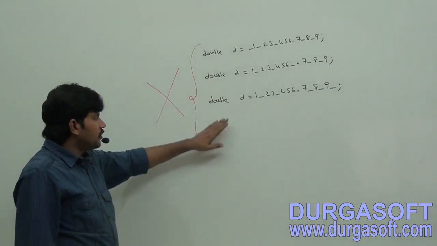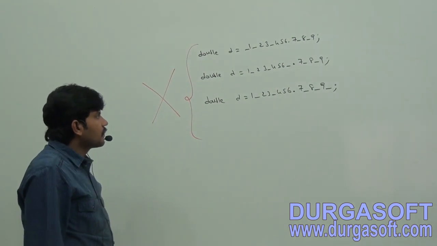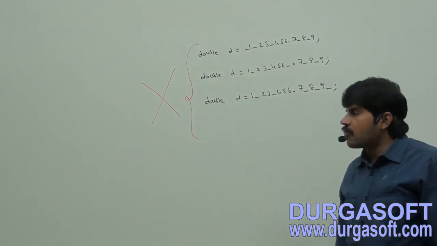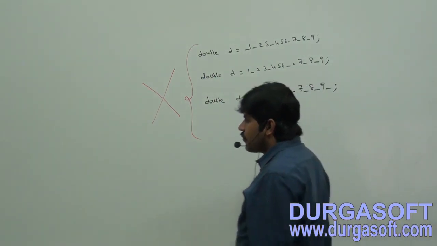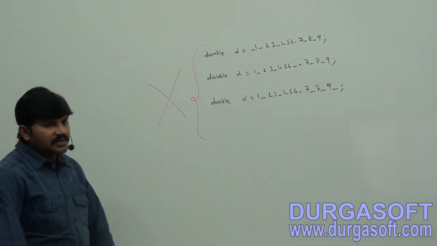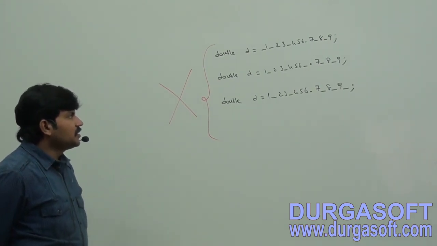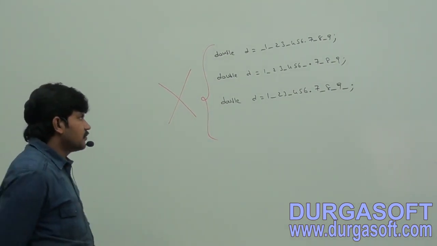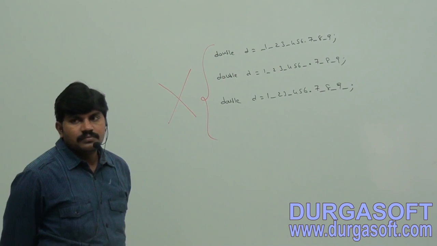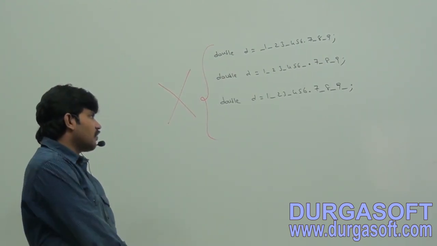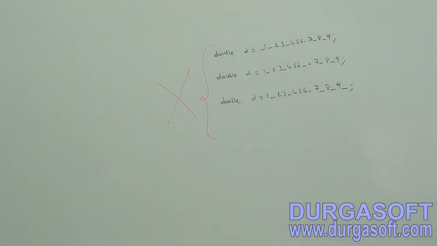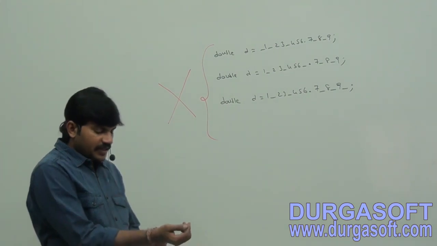Are you getting? Yeah, these points, right. These are invalid anyway. double d = _1_23_456.789; double d = 1_23_456_.789; double d = 1_23_456.789.789.